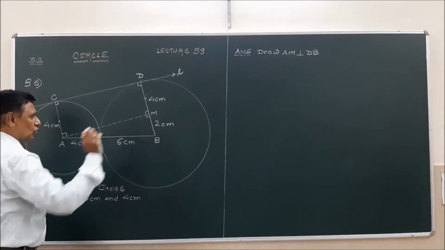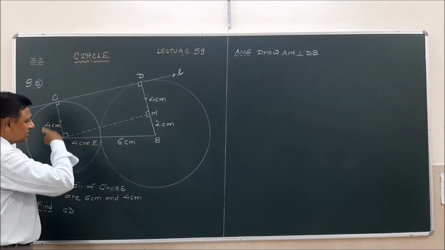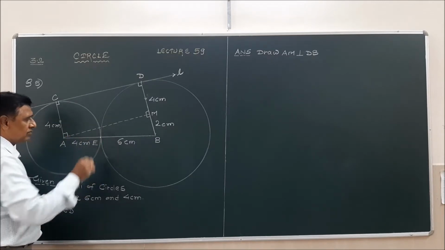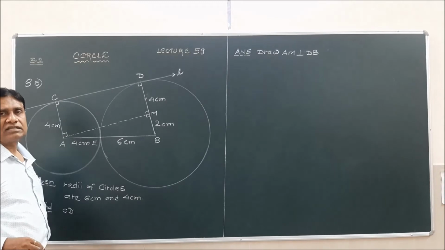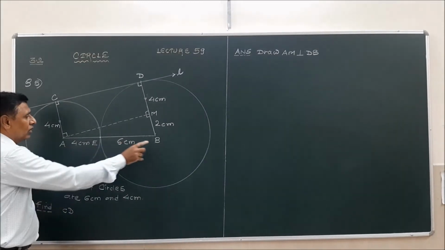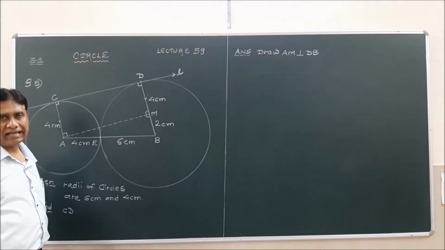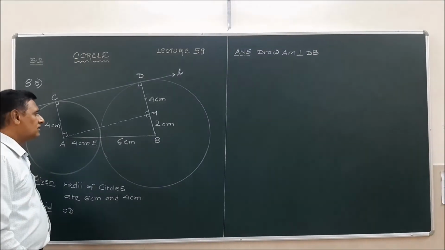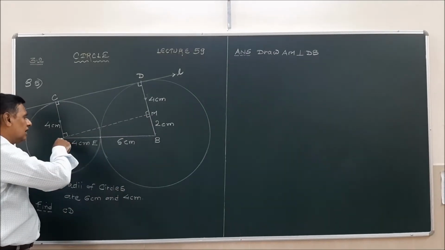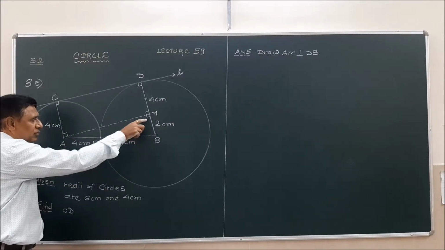Now the circles are touching each other externally at point E. Therefore, AB is equal to 4 plus 6, that is 10. Then you can apply the theorem of Pythagoras to triangle ABM. AB is the hypotenuse because it is opposite to 90.